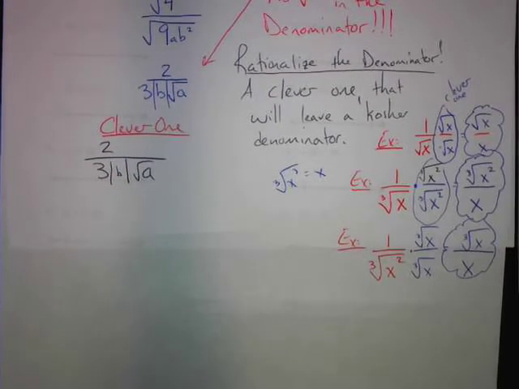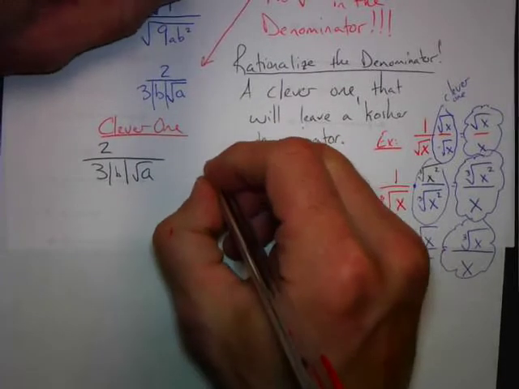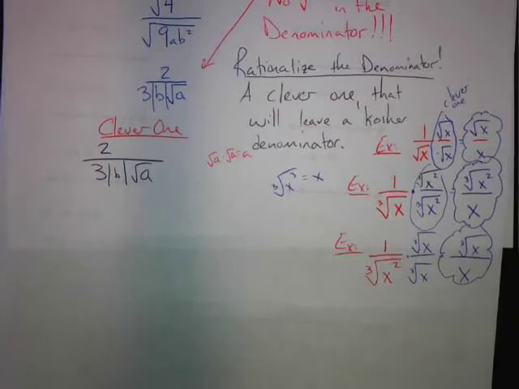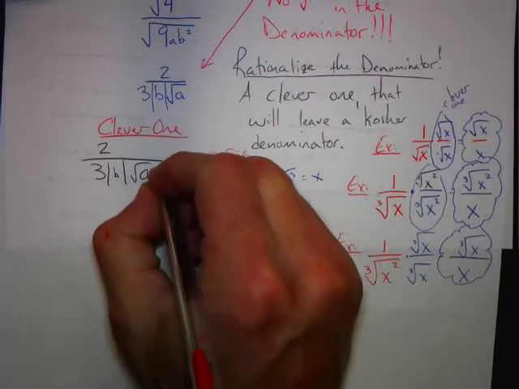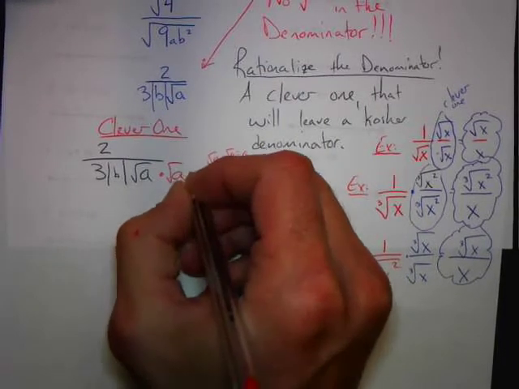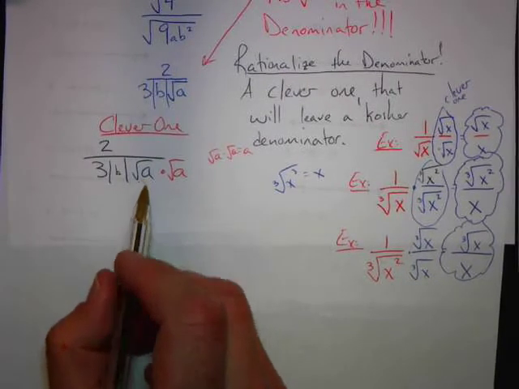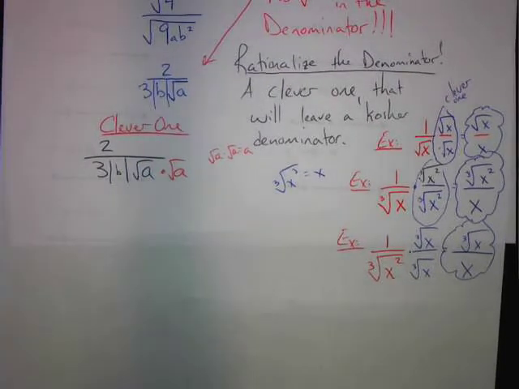Did you happen to know that the square root of a times the square root of a is equal to a? If you remember that, that's going to make life easier. And there is your clever one. So if I multiplied the bottom by the square root of a, that would multiply itself out and just become good old a. And then I'd have 3ab in the denominator.